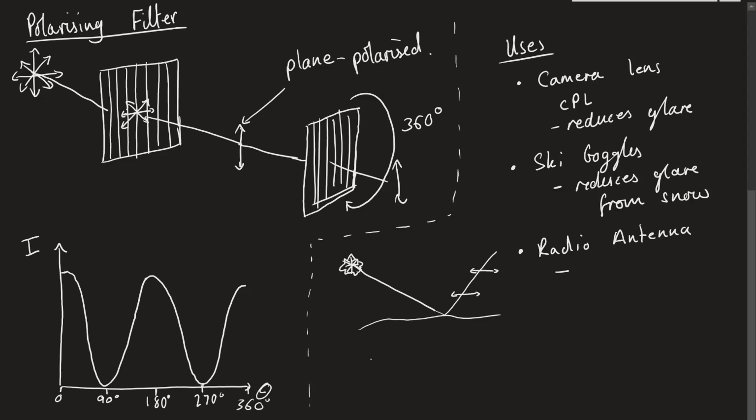So the light that's emitted might be vertically polarized, in which case your antenna must also be in the vertical plane, so that it can detect that signal.